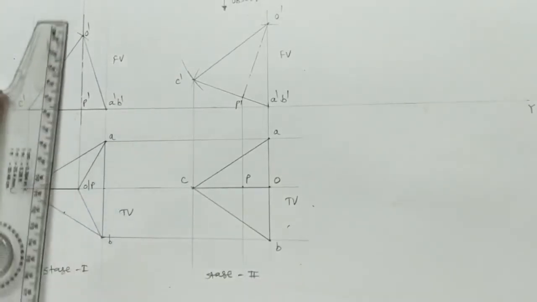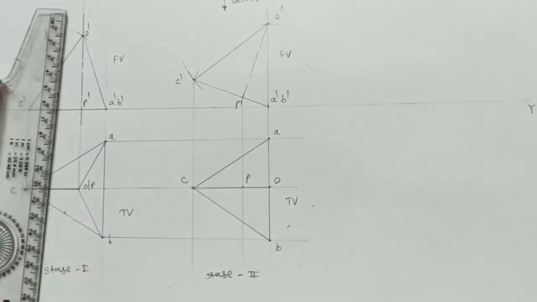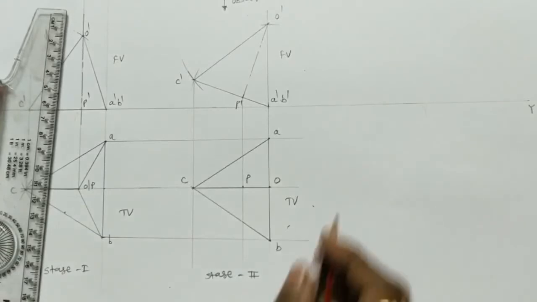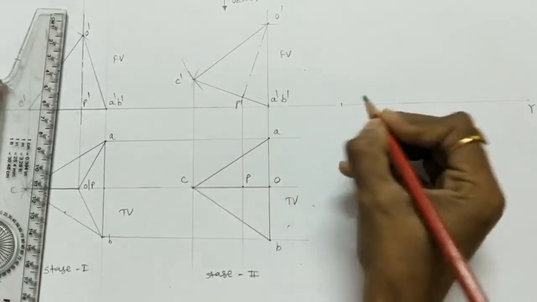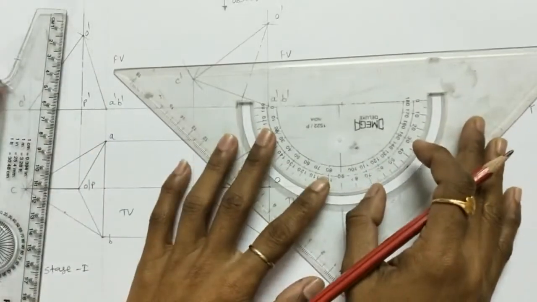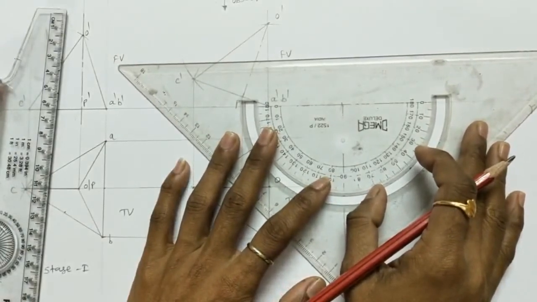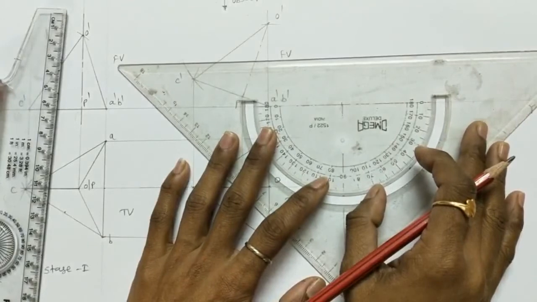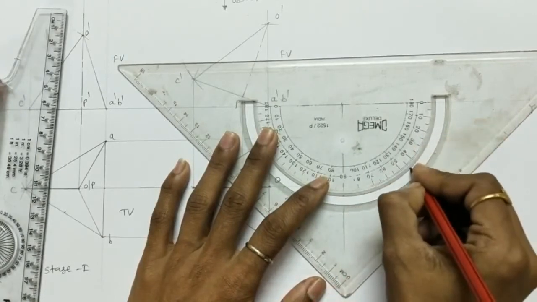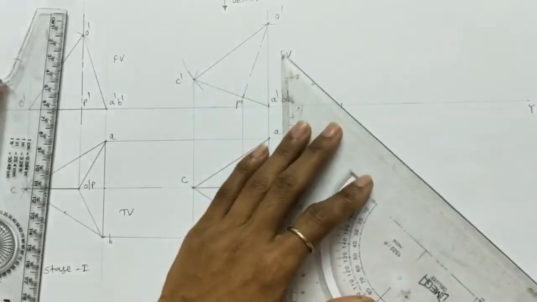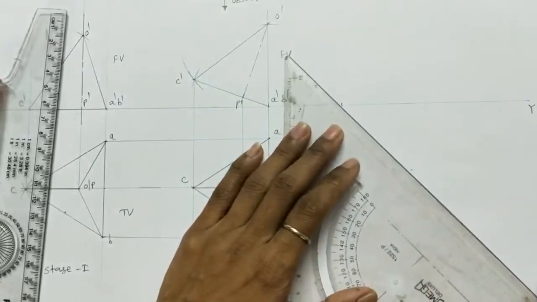Now take any point here and measure a 45-degree angle. Now draw a line.